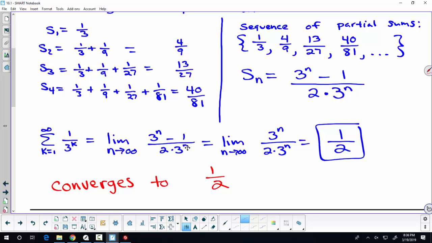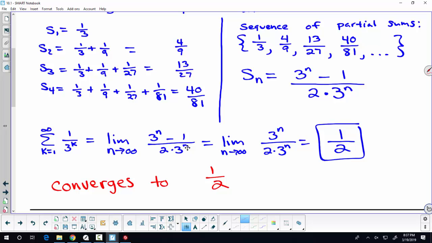Remember, if we looked at just the limit of 1 over 3 to the k as k goes to infinity, each term is approaching what? The limit is 0. But looking at each term has nothing to do with the sum.